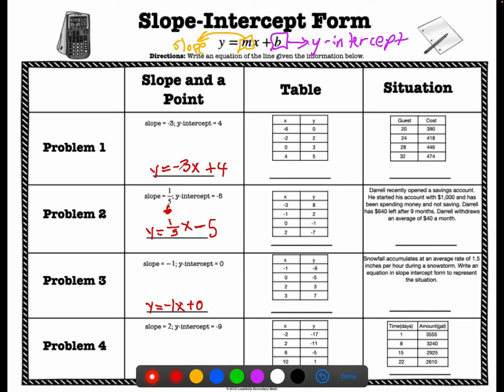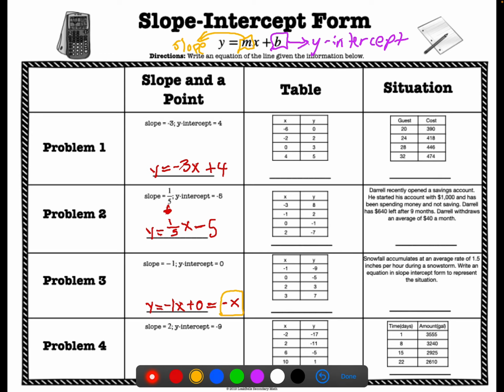You probably won't ever see an equation in this form because it's always simplified to y equals just -x, because -1 times x is just -x, and -x plus 0 is just -x. So we use this form, y equals -x. All right, I'm going to leave the last one for you to do.